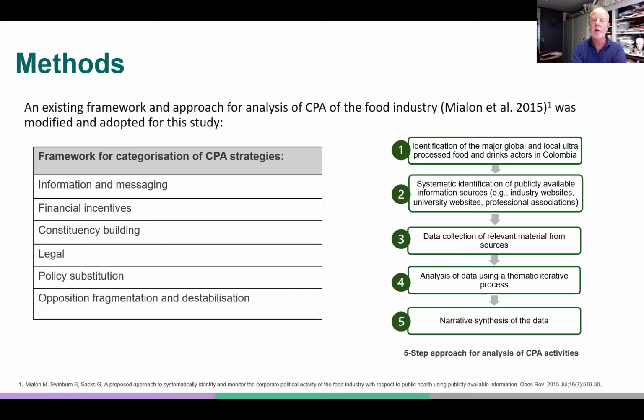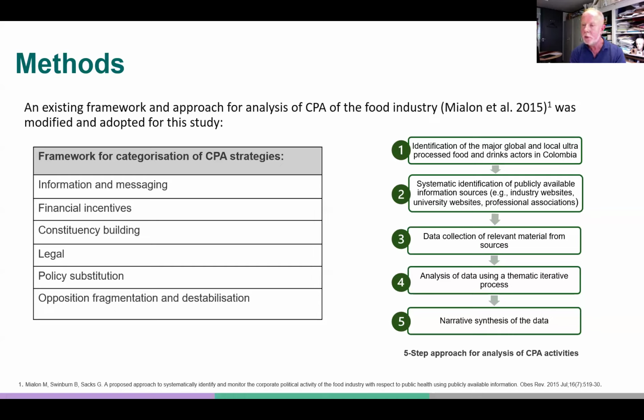Milone and colleagues in 2015 looked at corporate political activities of industry, other food industries, and what they framed corporate political activities, similar to what Sharon mentioned, looking at information, messaging, lobbying, etc., financial incentives, constituency building, legal, policy substitution, etc. So that was the framework we used to categorize what corporate political activities could look at.